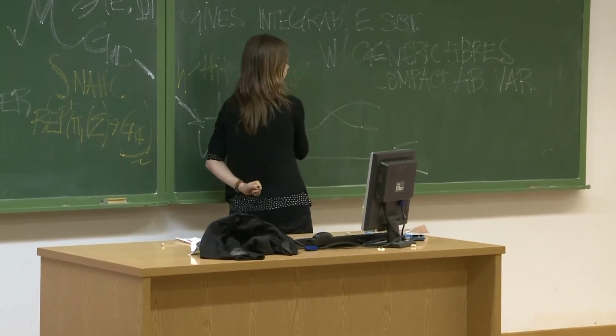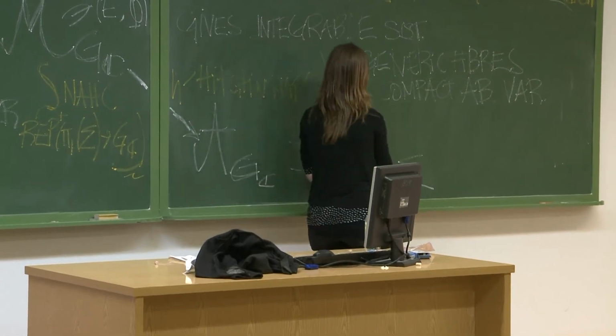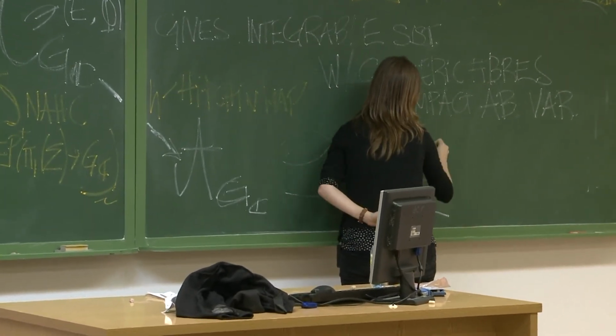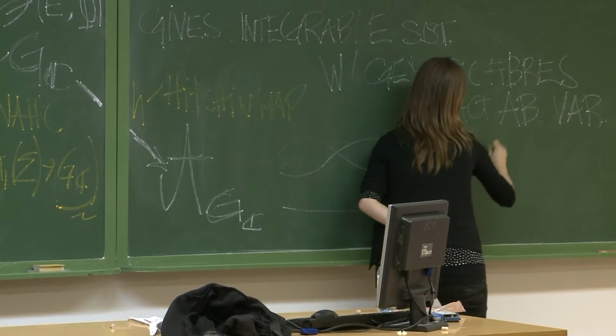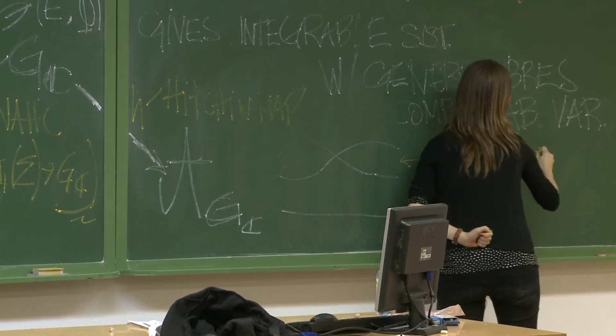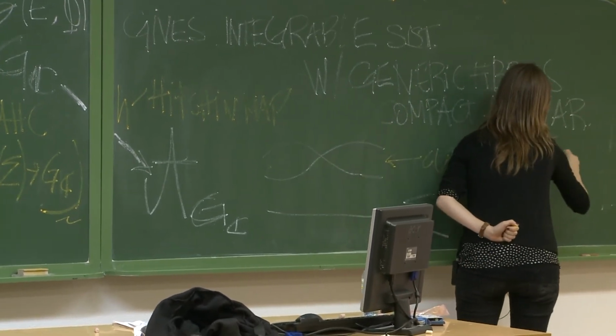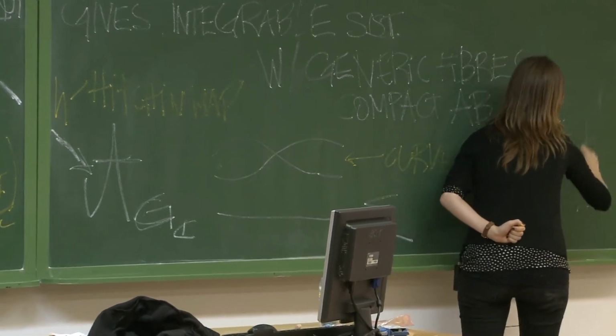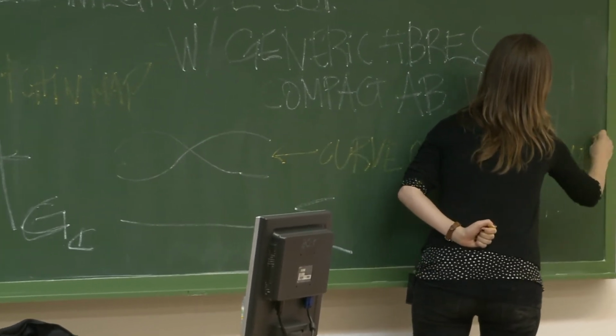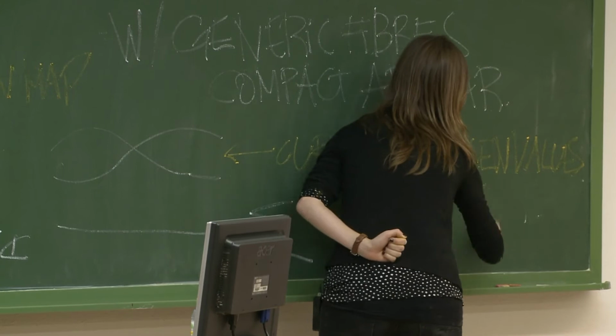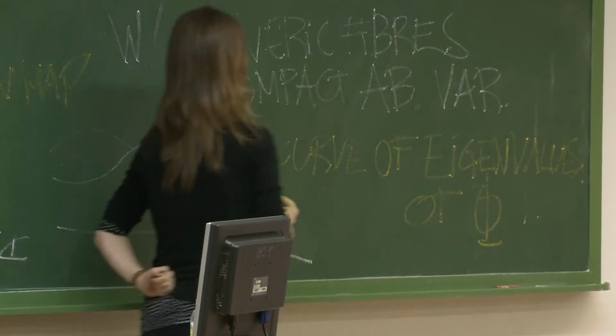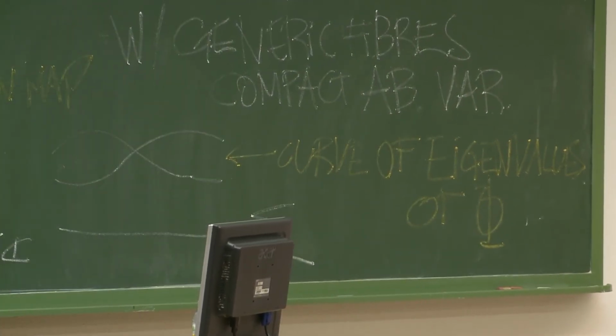I can look at the curve of eigenvalues. So the curve of eigenvalues of phi: over each point of the Riemann surface, I have a matrix.